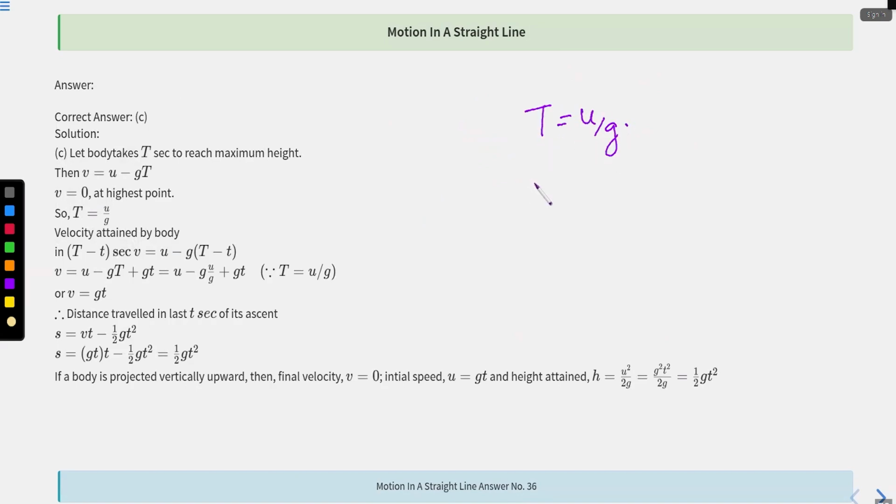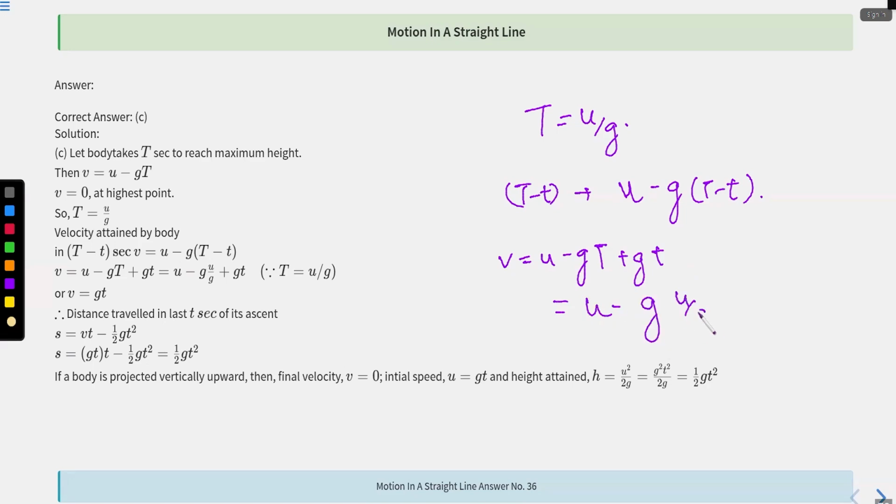So the velocity attained by the body in T minus t seconds will be u minus g into (T minus t). So v is equal to u minus gT plus gt, which equals u minus g into u by g plus gt, which says that v is equal to gt. Correct? So the distance traveled in the last t seconds will be S equal to vt plus half gt square.